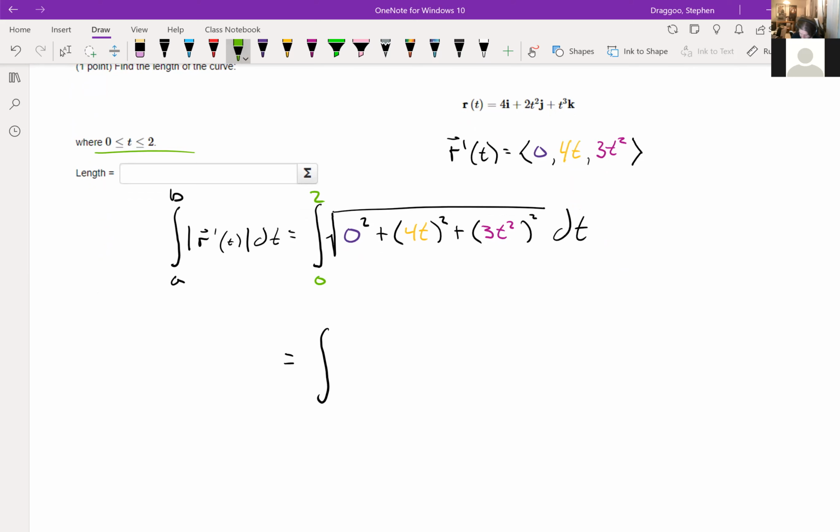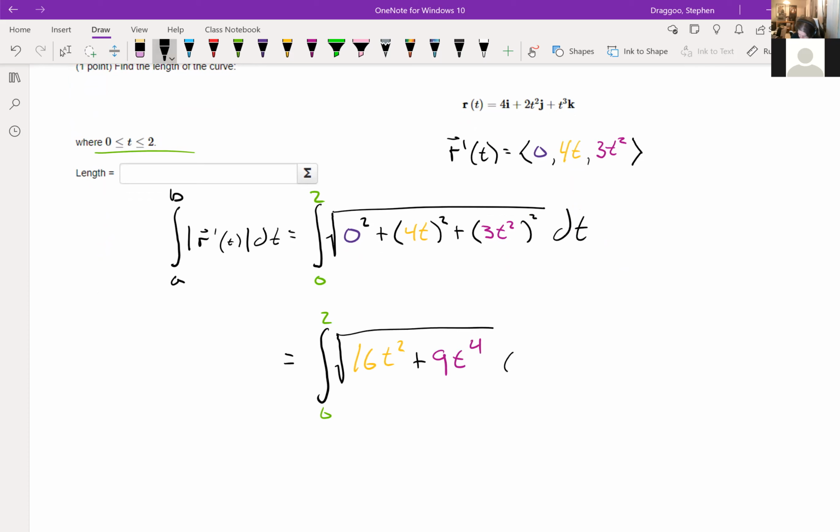I'm looking at an integral, again, from 0 to 2 of something. 16t squared plus 9t to the 4th power.